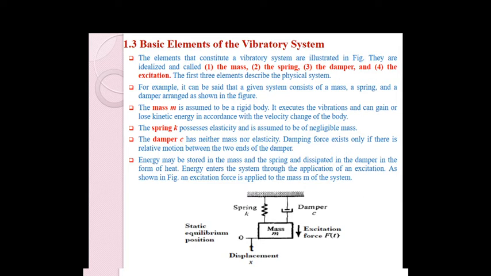Because of the internal resistance that the pendulum material has, in every cycle the displacement of the pendulum goes on decreasing, and after some time it comes back to the mean position. So whatever resistance the system has, that resistance is shown in vibration as a damper, or damping.